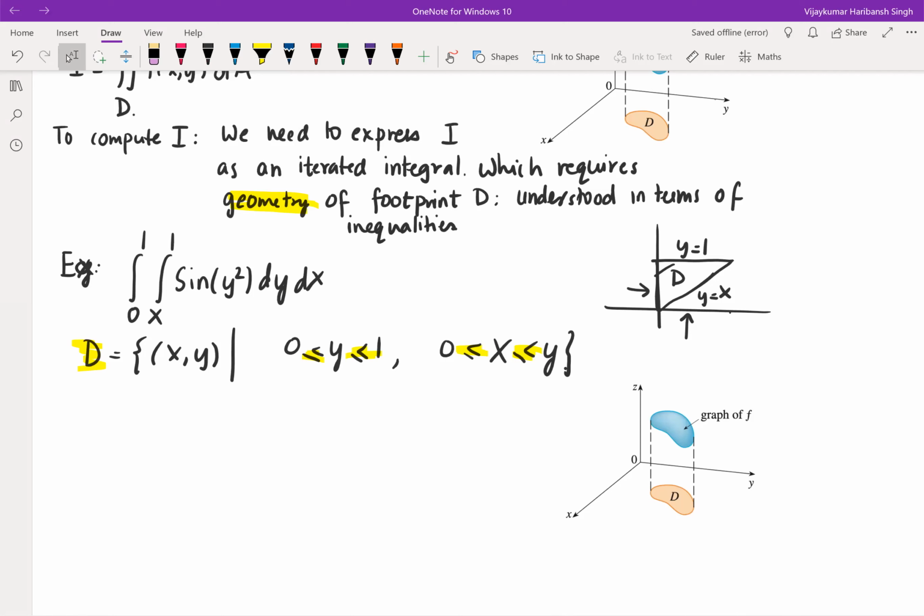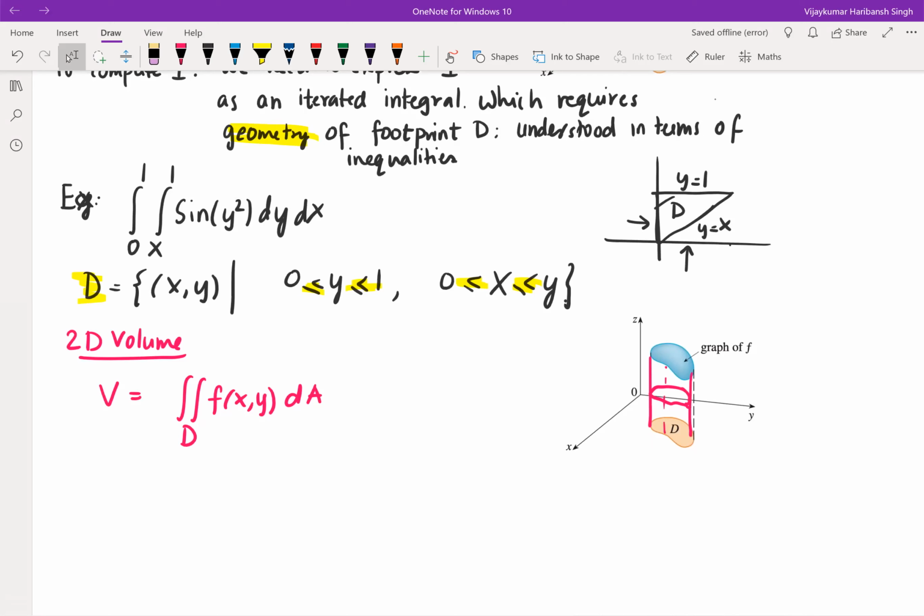But before that, note the following. Suppose I want to compute the volume. Let's talk about 2D volume. The volume under this object is the integral over D of f of x, y dA.